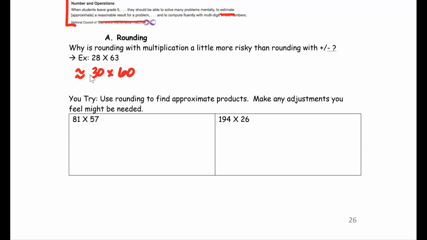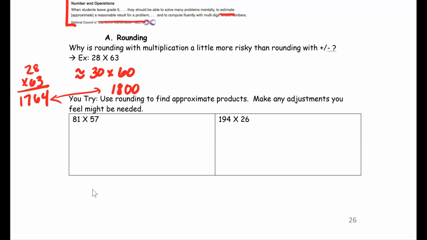Seems reasonable. 3 times 6 is 18, and then 2 zeros. Okay, so it asks though, why is rounding with multiplication a little bit more risky than rounding with addition and subtraction? Well, if you do 28 times 63, let's just see how far off we are. If we actually work that out, we get 1764. Okay, so you can see we're not that far off.